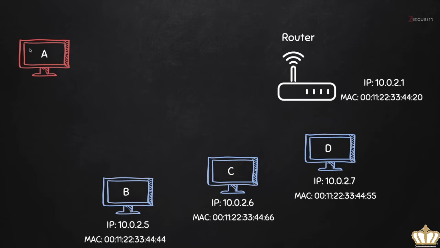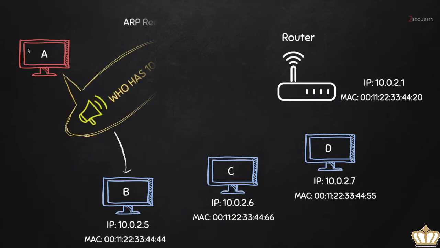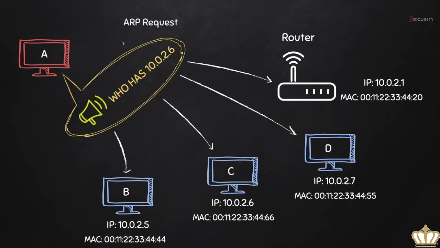So what this client does, it uses the ARP protocol. What do I mean by that? Basically, it sends a broadcast message. So it sends an ARP request to all the clients on the network saying, who has 10.0.0.26? Now, all of these devices will ignore this packet except the one that has this IP address, which is 10.0.0.26, which is device C. So all devices will not do anything.